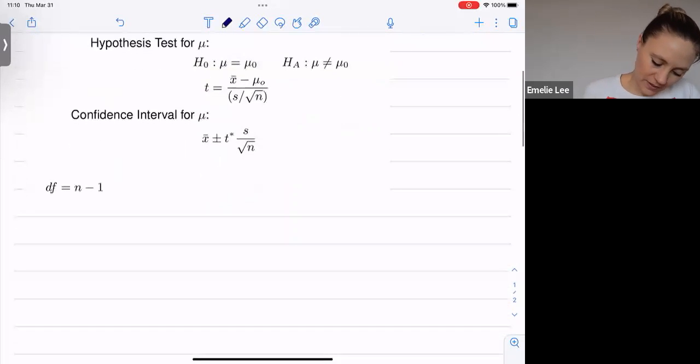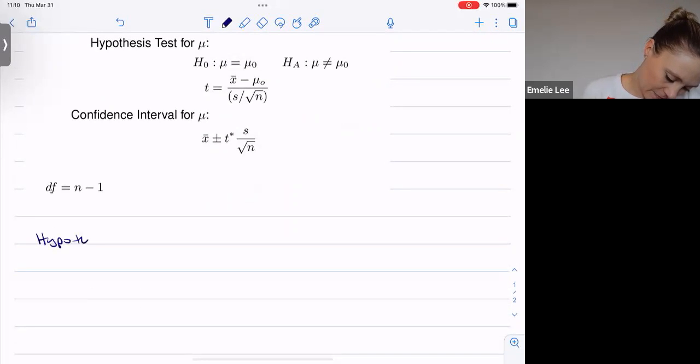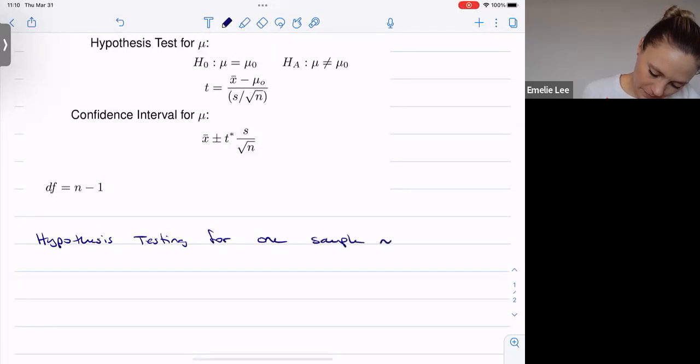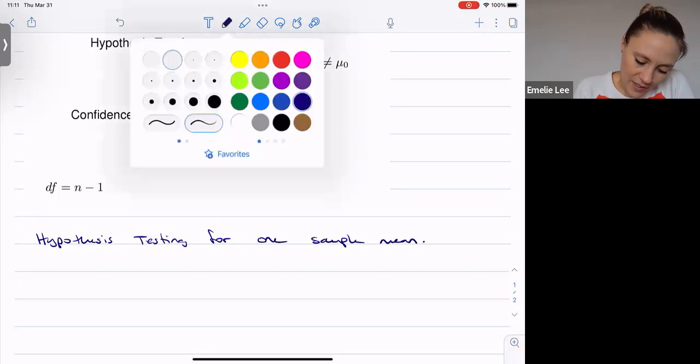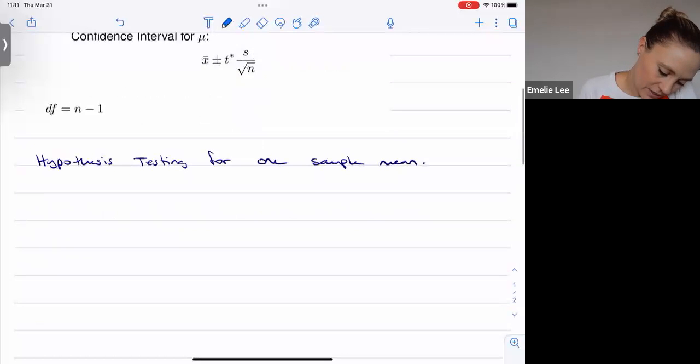Okay, so let's start with hypothesis testing for 1 sample mean. That means that we've been given some sample size, some sample mean, and some sample standard deviation.